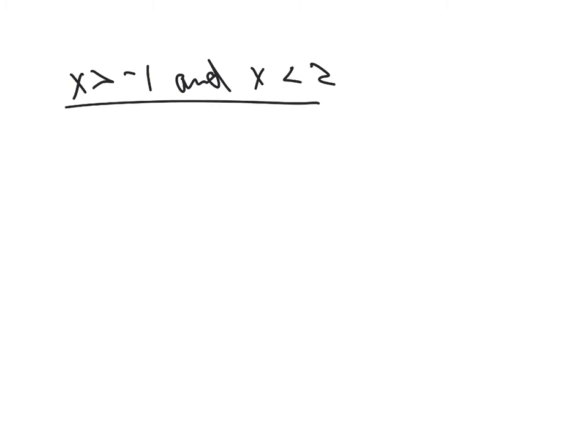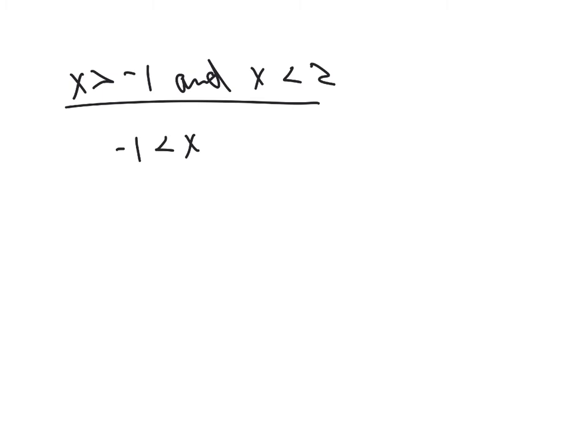So when we're dealing with the ands, one of the things that is important here is if I look at x is greater than -1 and x is less than 2, I can write this in a more streamlined manner and I can put some things together. So I can write -1 is less than x.